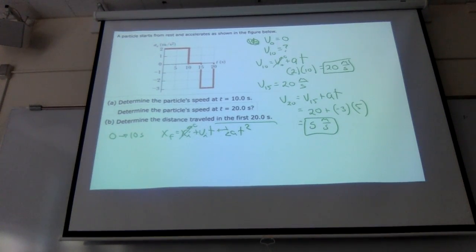And this is 0, and that is 0, so I have 1/2 times 2 times 10 squared, which looks a whole lot like 100 meters. For the first 10 seconds, I traveled 100 meters. For the next 5 seconds, so from 10 to 15 seconds, we're moving at a constant velocity. I'm moving 20 meters per second. We already determined that, and I do that for 5 seconds. So that's just 20 meters per second times 5 seconds, which is another 100 meters.